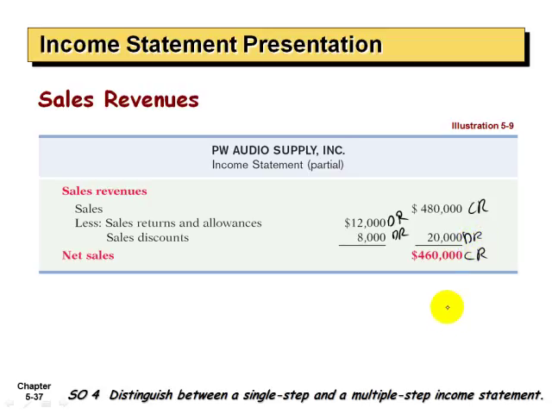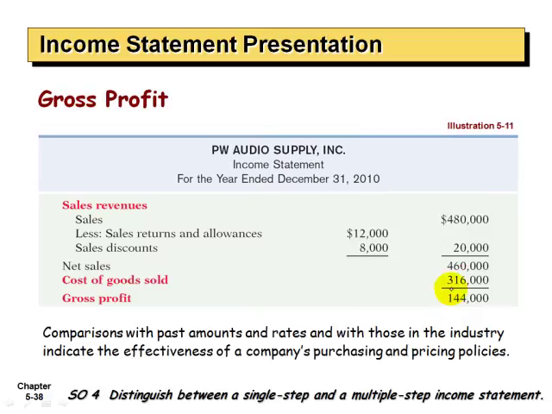Okay, so the next section, we're going to subtract out the cost of goods sold. And we're going to see in a few slides from now, the cost of goods sold is equal to what you start off with in your store at the beginning of the year. That's the beginning inventory, plus what you buy during the year.